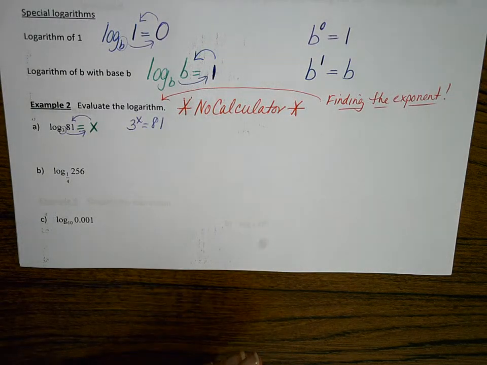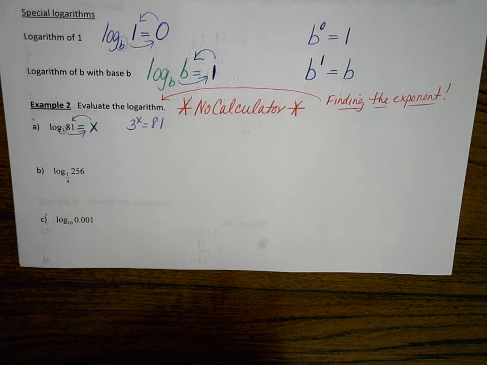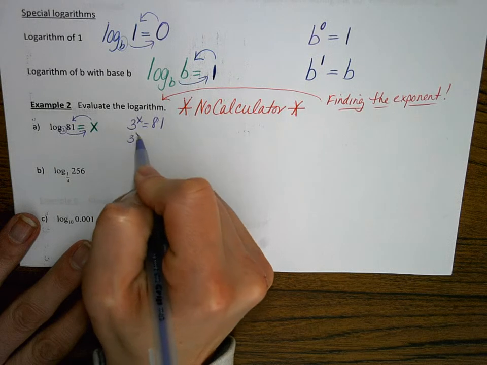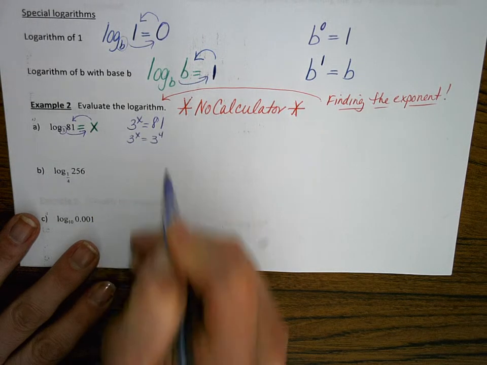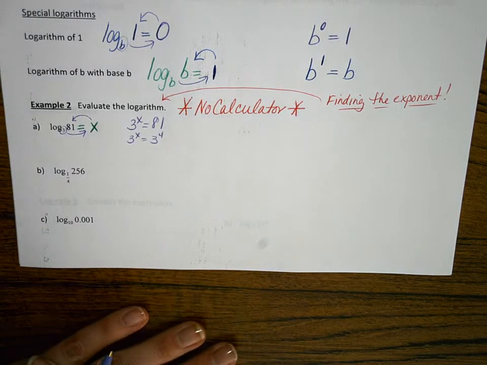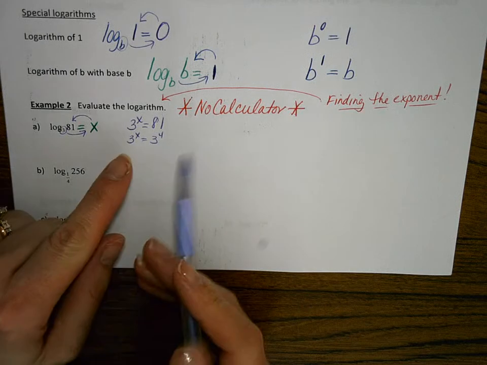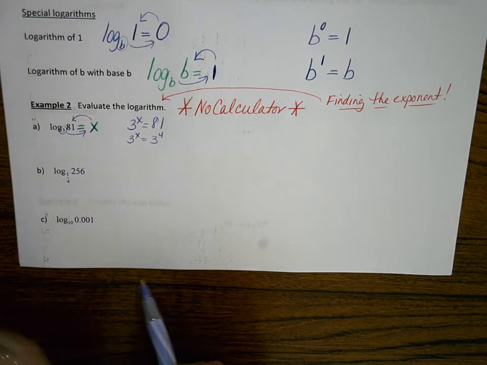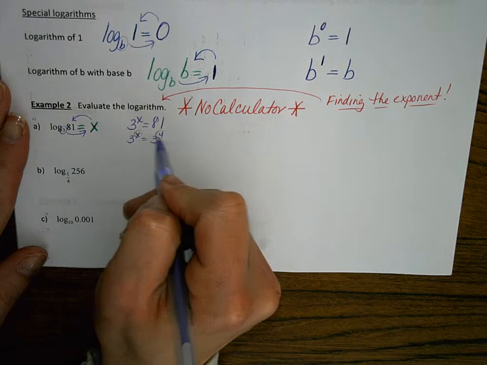Is 81 special? What is 81? 9 squared. Is 81 anything else special? 3 to the 4th. Now, because my base on the left is a 3, I'm thinking it might be smarter to write this as 3 to the 4th. Because if my bases match, what do we know about the exponents? They're equal, right? So x is equal to 4.